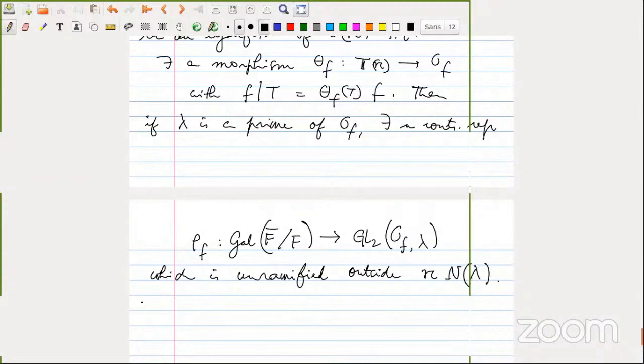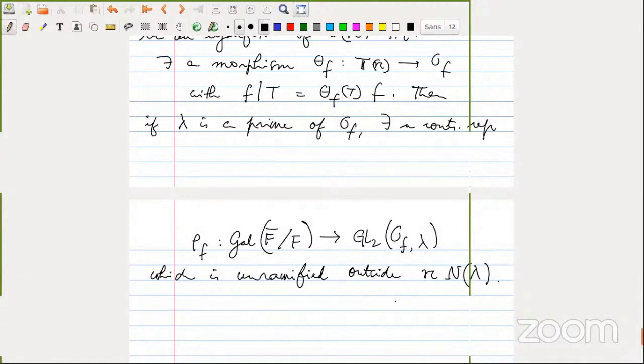And from the determinant of this representation, we can get the weight of f also.